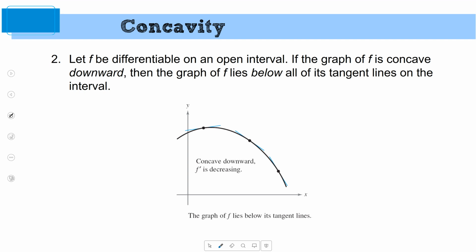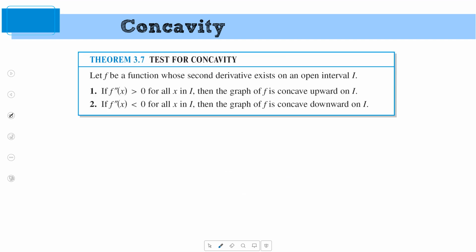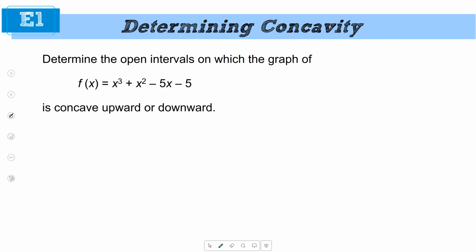Your job initially is going to be to figure out where that happens. Where is it concave up and where is it concave down? Okay? Questions so far? Good. Then do it. We're going to start slow, and then it's going to ramp up pretty quick.